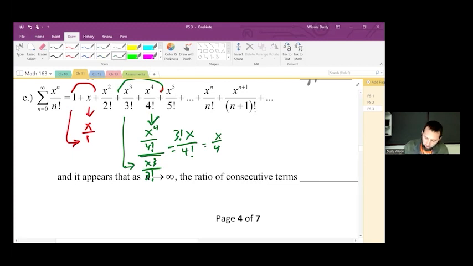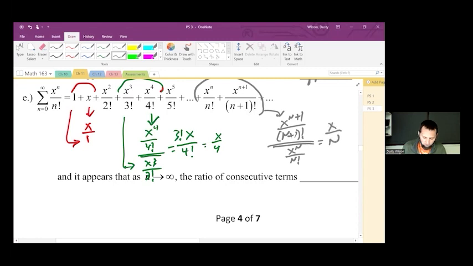And then if we look at those last two terms, we can do the same thing. We know we're going to have x to the n plus 1 over n plus 1 factorial. Remember to put your parentheses around the n plus 1 factorial, divided by x to the n over n factorial. I hope you can see what happens here. You're going to end up with an x over n. So here's our pattern.